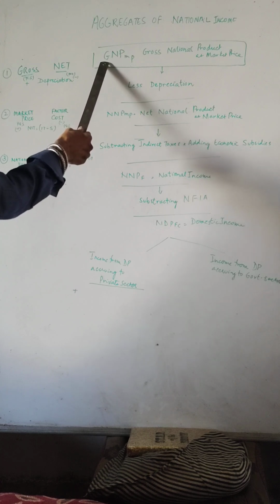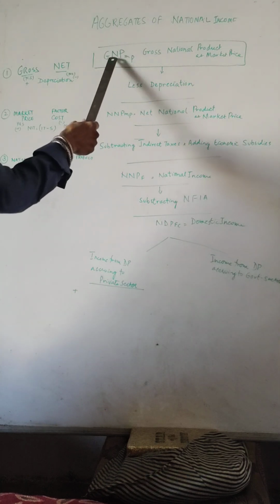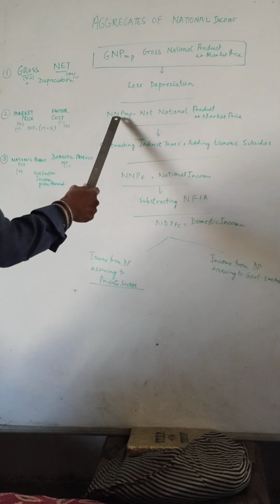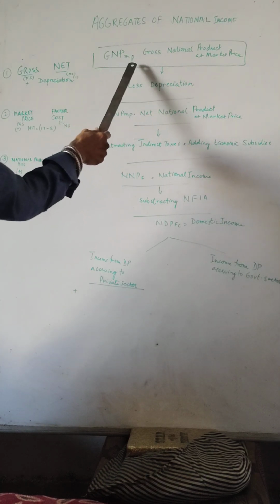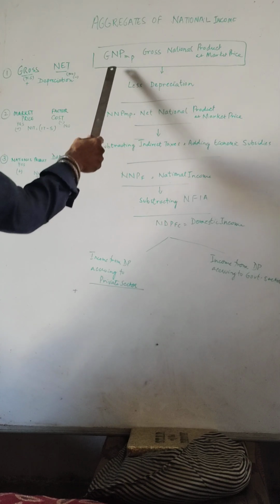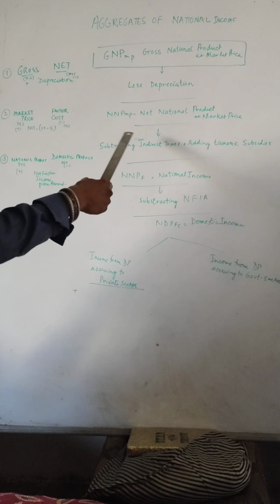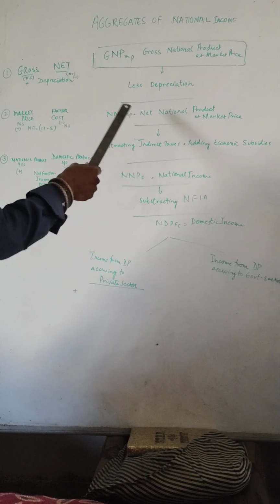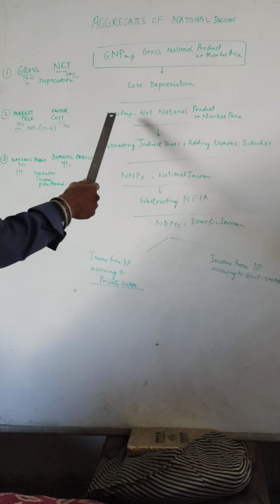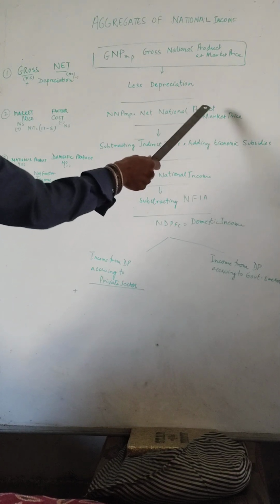You have depreciation, right? Okay, so you want to go from gross national product to net national product at market price. So what will you deduct from here? Depreciation. From gross, you've come to net national product at market price. So we go one step at a time. Okay. So what you get is net national product at market price.